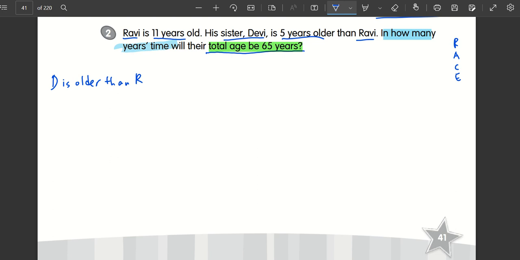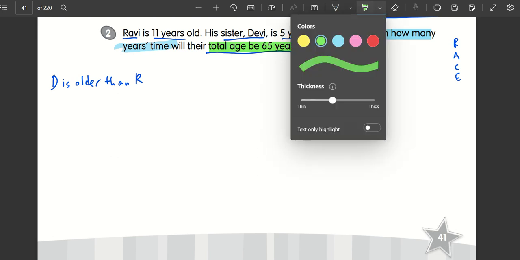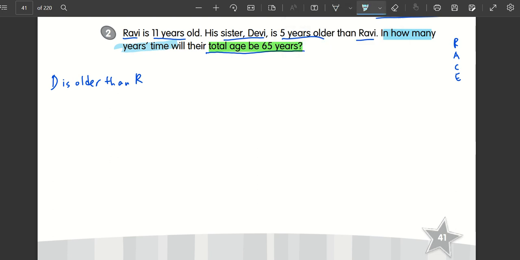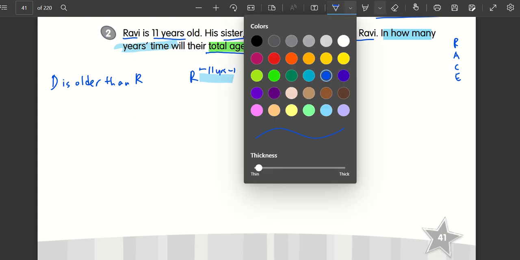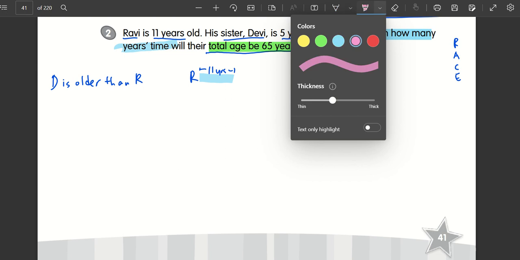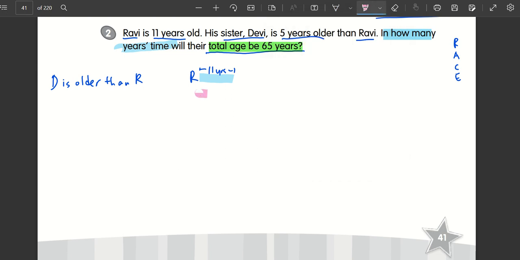So let's say Ravi is 11 years old, and then Devi is a longer bar by just a little bit, 5.